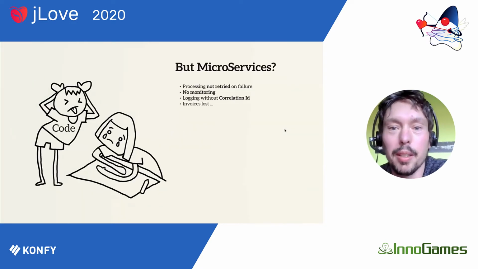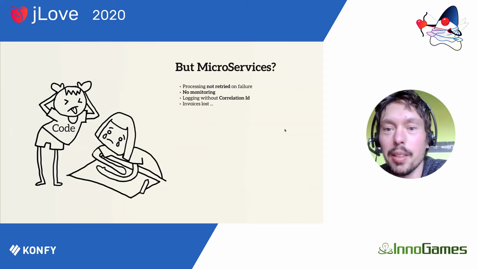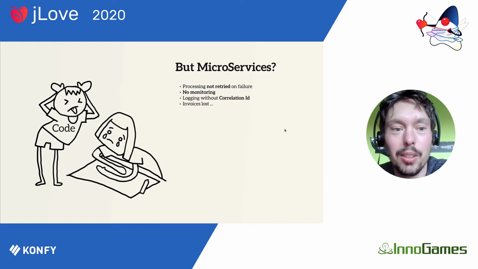But soon I noticed that processing was not retried on failure. That's of course possible with GCP, but due to time constraints, the developers didn't get to it yet. There was no monitoring. We did logging, but we did not have a correlation ID yet. And sometimes, invoices got lost, so that's not very nice.